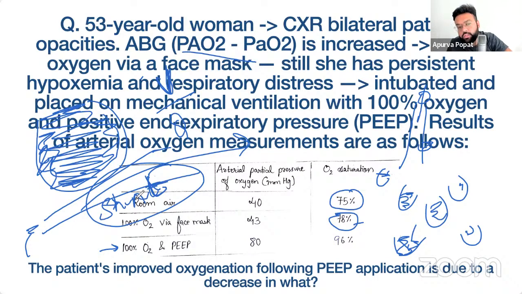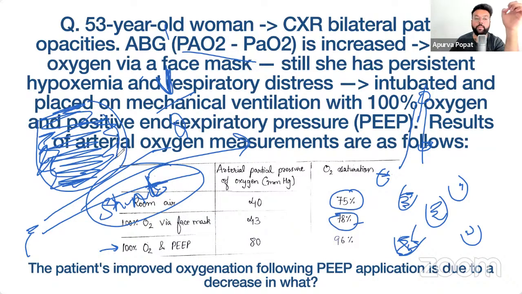Yes. So when you are giving PEEP from outside, what do you think, the shunt will decrease or increase? Reversal of the shunt. What do you think, the shunt will increase or decrease? Decrease. The shunt will decrease. Okay, very good.